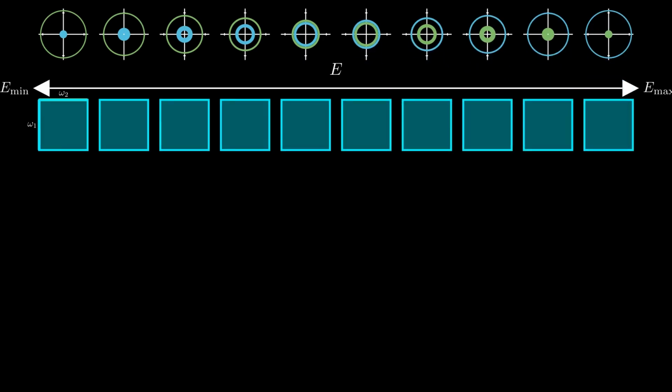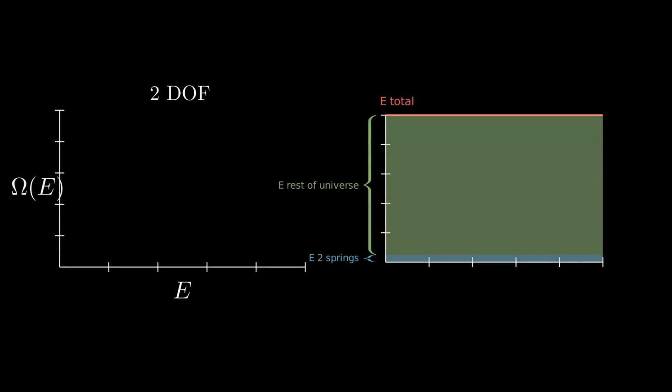These omega values depend only on the spring parameters K and M, not on the energy, so we can treat them as constants. So, the total number of microstates available in a system with two springs is proportional to this square constant multiplied by the number of possible energy distributions. Therefore, as the total energy of the two-spring system increases, the number of possible energy distributions between the springs also increases.